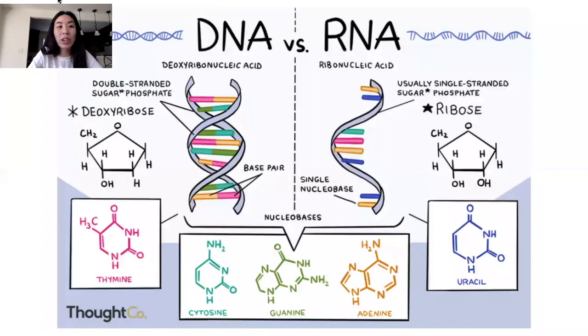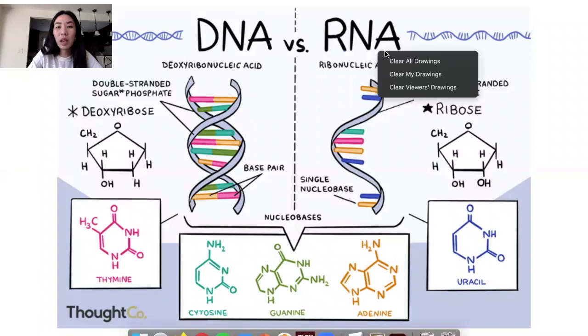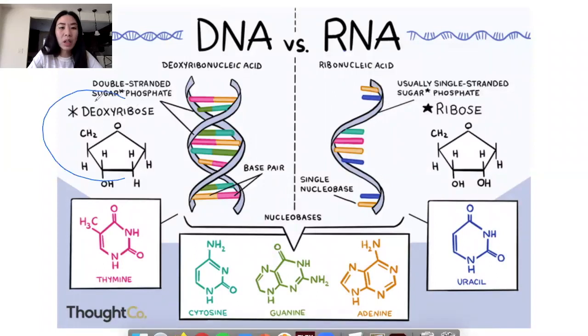DNA versus RNA, you should also know the differences between DNA and RNA. Two things we've already covered. One is that DNA has a deoxyribose sugar versus RNA has a ribose sugar. DNA, if you look at the structure, is double-stranded, so 2 strands, versus RNA, which is usually single-stranded. And then the last difference is the bases.